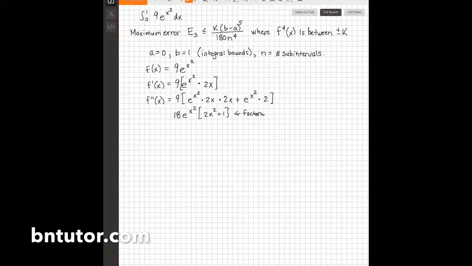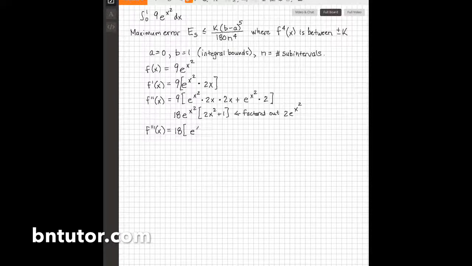This step of factoring out a 2e to the x squared is something that we'll do again. And it helps make this next round of taking derivatives just a little bit easier, because we can see very clearly what our 2 functions are as we prepare to take the product rule once again. So we'll start out leaving the 18 as a coefficient out front and focus on taking the derivative of the product of these 2 functions.